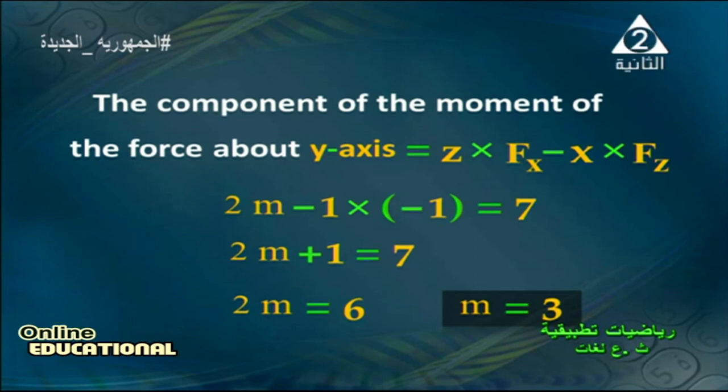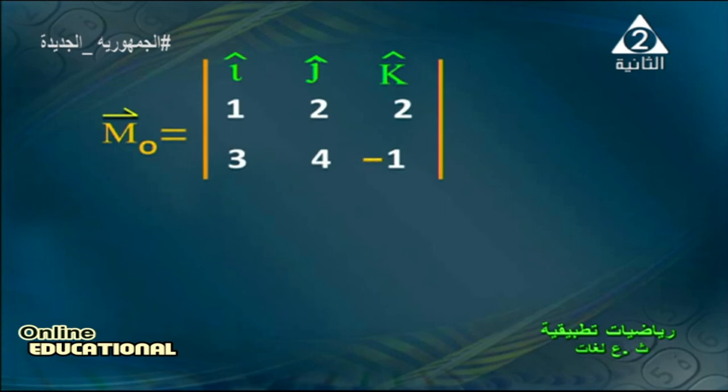Now, what is the length of the perpendicular segment drawn from O to the line of action of F? L equals norm M about O over norm F. Then we must find the moment about O. Vector M_O equals the determinant IJK, second row 1, 2, 2, and the third row 3, 4, and -1.